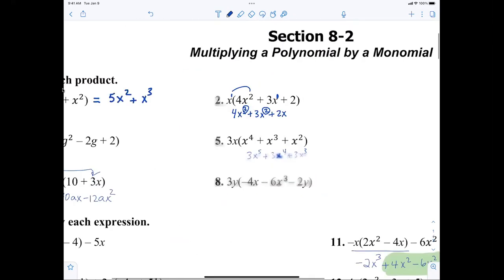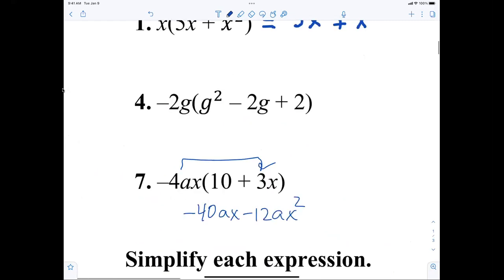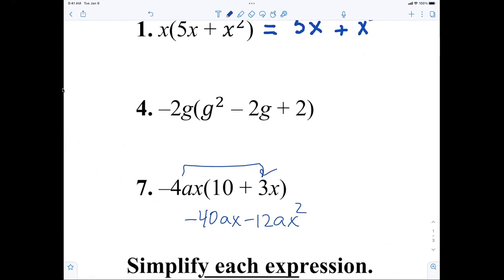Now everybody drop to number 4 real quick. I'm going to do one more, and you see if you got it. Anybody have any issues with that?